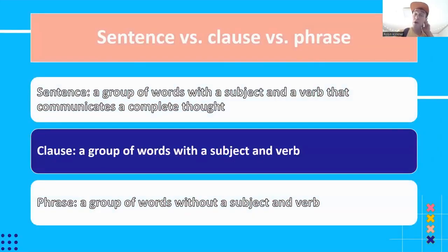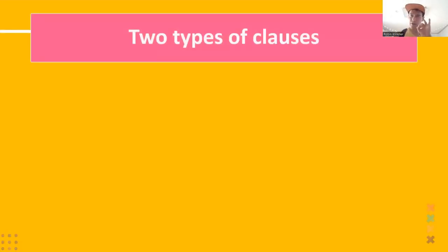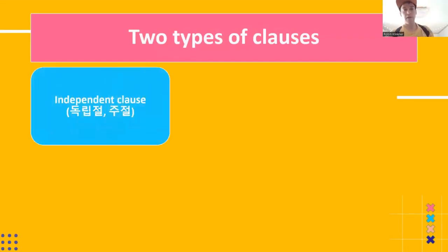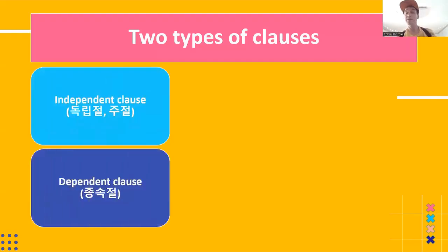Okay, now how about a clause? A clause is a group of words with a subject and a verb. And there are two types of clauses. Independent clause and dependent clause. What is the difference between an independent clause and a dependent clause? Well, think about it.